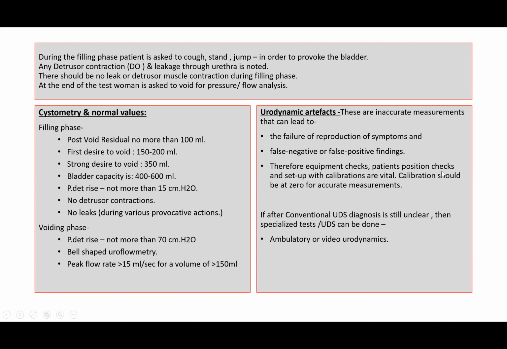The patient can be either in the sitting or standing position. And we have to set up the calibrations well. Calibration should be at 0 for accurate measurements. Then what about ambulatory or video urodynamics? We don't do them routinely. We do them only if, after conventional urodynamics, the diagnosis is not clear.